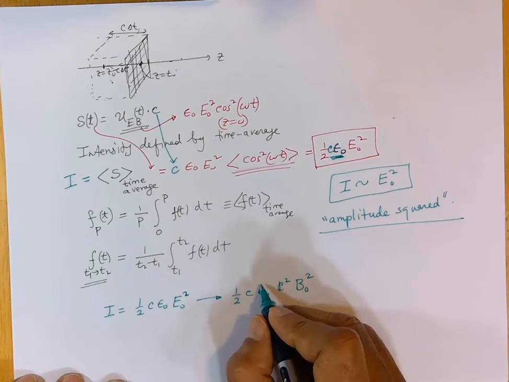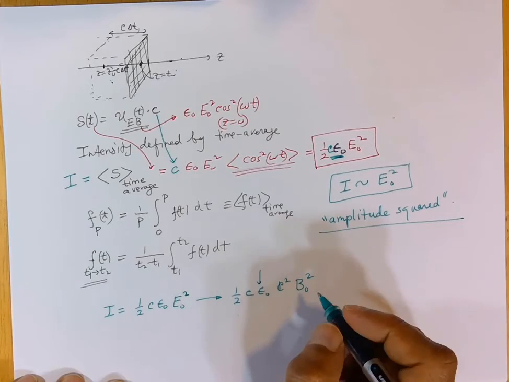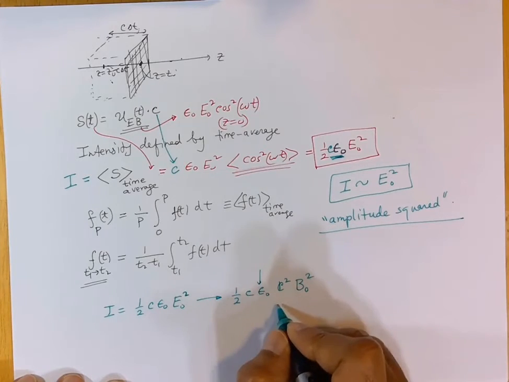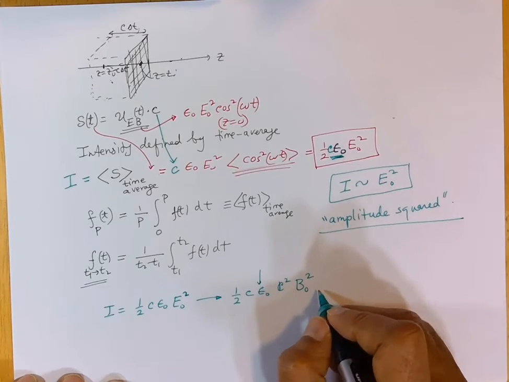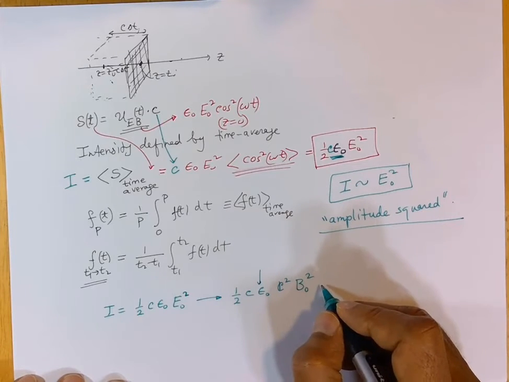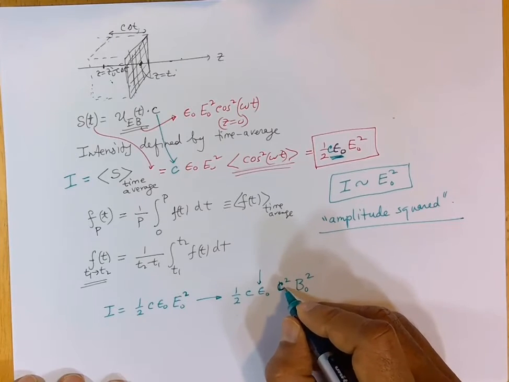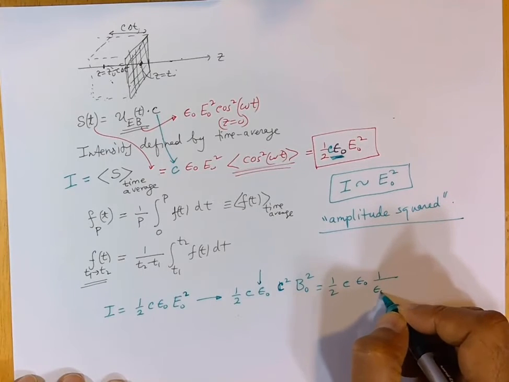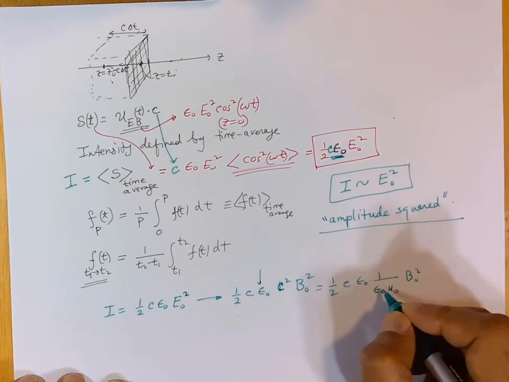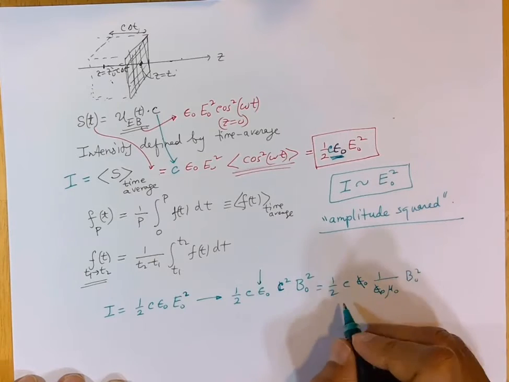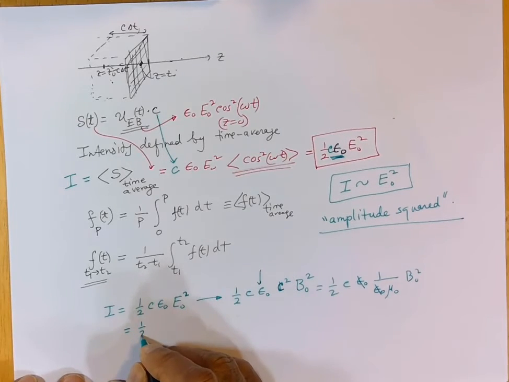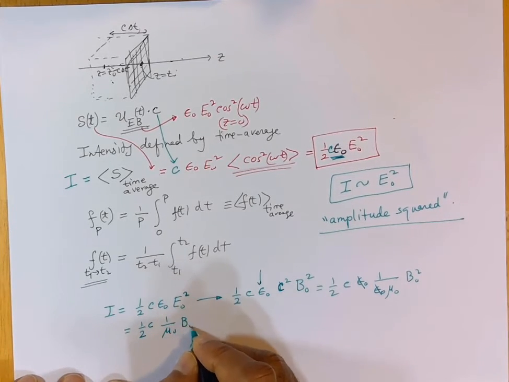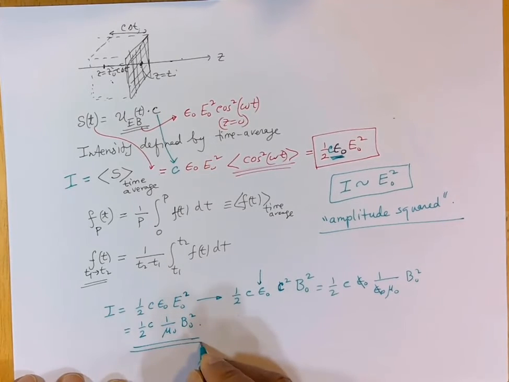So it looks like this is coming from the electric part, and it's not very friendly. It's mixing electric and magnetic. So we know that c has both electric and magnetic parts, so we'll write c squared a little differently. Half c epsilon naught times 1 over epsilon naught mu naught. So in a way you can say, well, it looks very similar, so I can write this as 1 over mu naught B0 squared, with c alone.